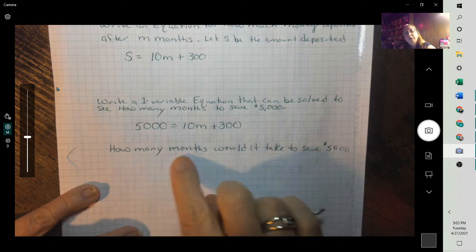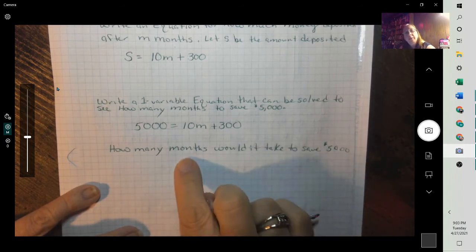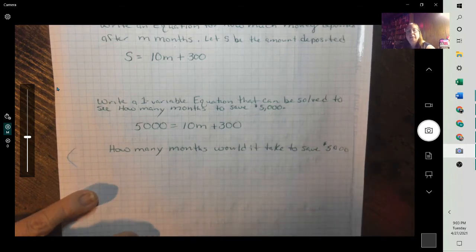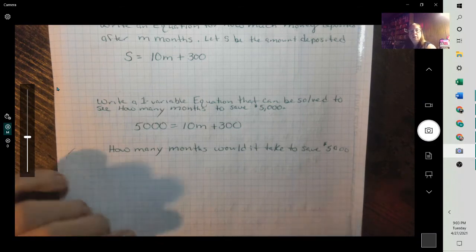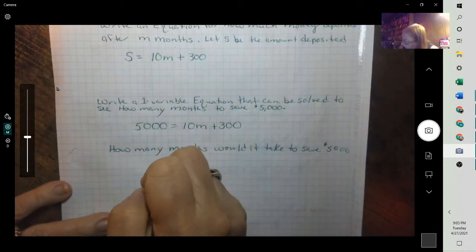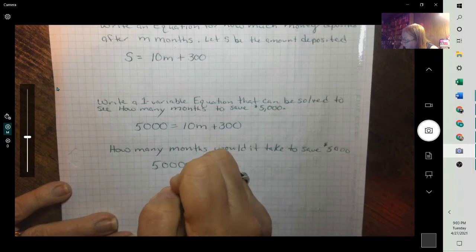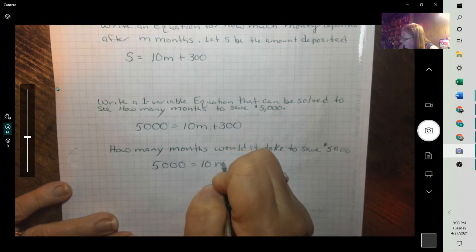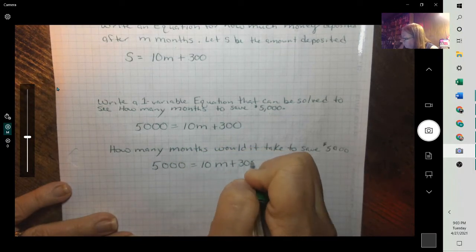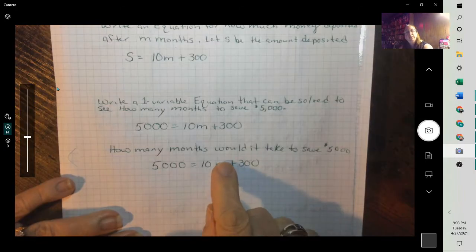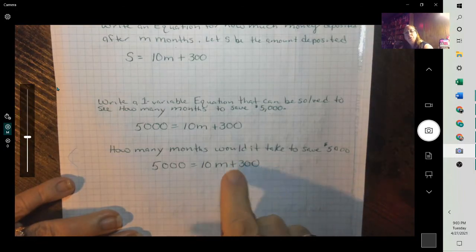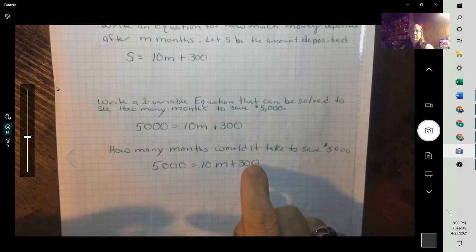The next one, they want you to solve it and find out how many months it takes to get the $5,000. So if we're going to solve this equation, we're trying to get M by itself. Well, the first thing then, you want to get this term by itself. This is 2 terms, so we need to get this to the other side.